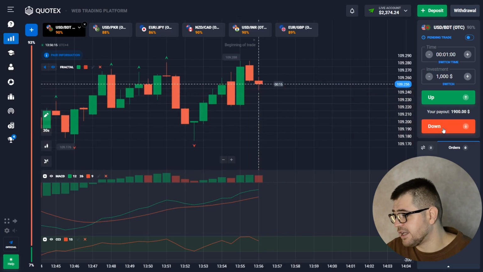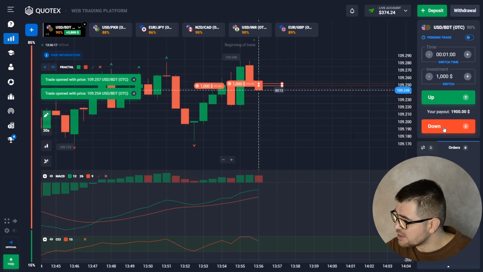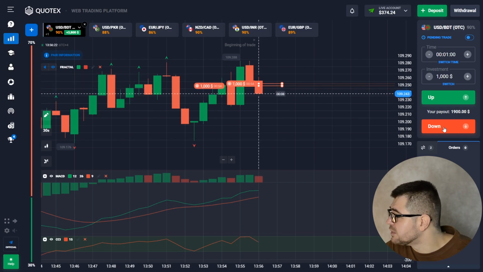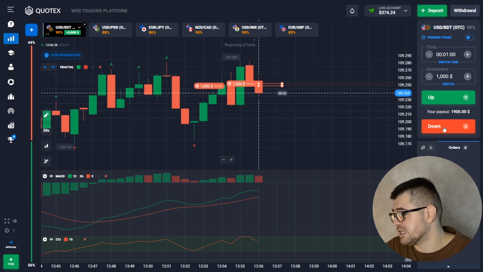Actually, we have an indication from CCI here for a put option, and that's what we're gonna do. Let's wait for the result of this, but it's a pretty clear indication from CCI.